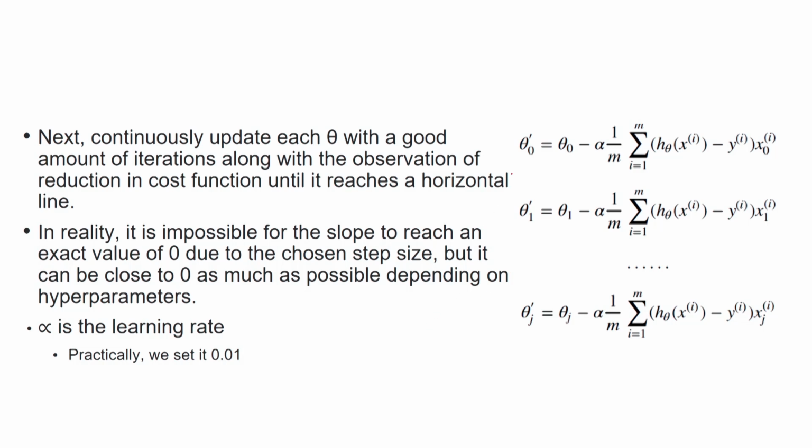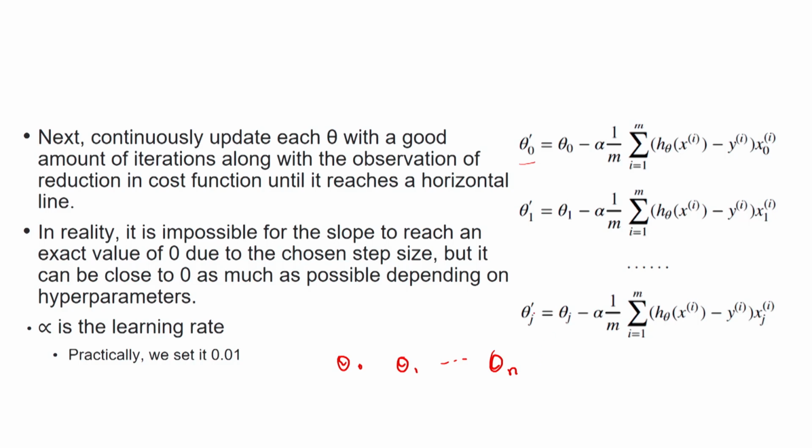We will randomly initialize these parameters theta naught, theta 1 up to theta n. Initially we will randomly take some values of these parameters, and then we will calculate the derivative of this function with respect to these parameters, and we will update all these values.